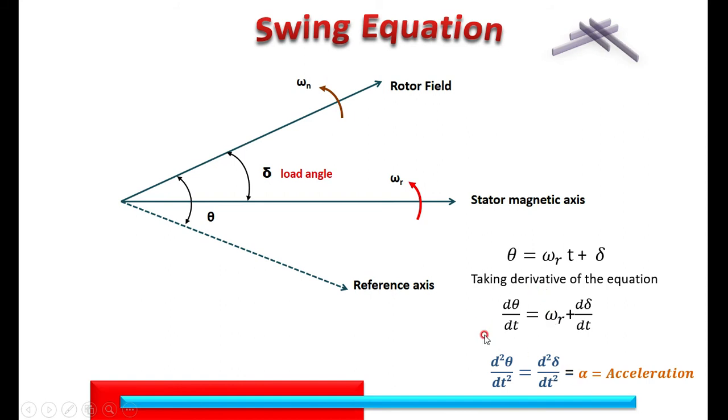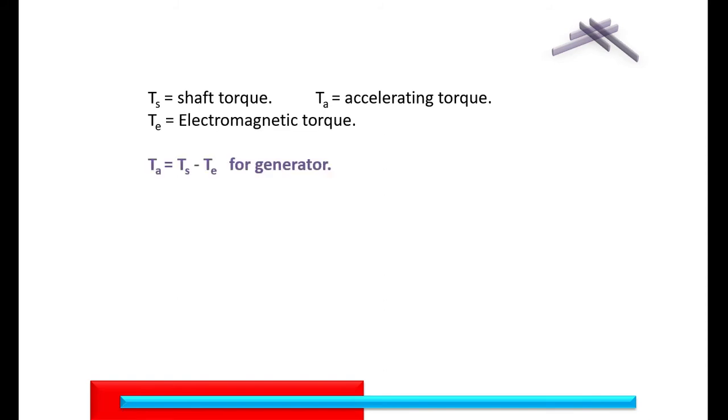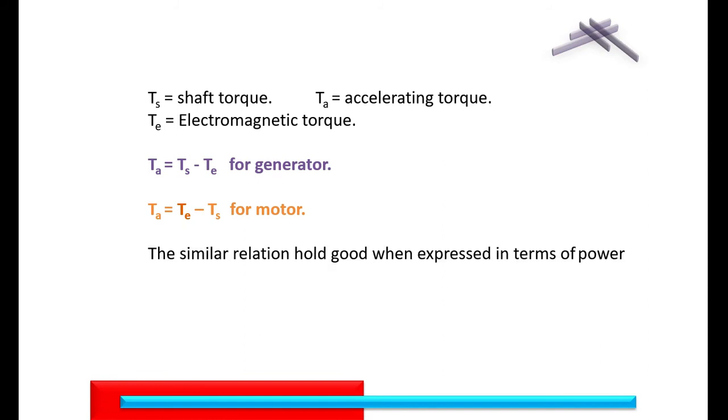With this background, we will derive the swing equation. Once again, I am recalling the shaft torque, accelerating torque and electromagnetic torque. For the generator, TA is TS minus TE, and TA is TE minus TS for the motor. In terms of power, PA is equal to PS minus PE, and PA is equal to PE minus PS for the motor.